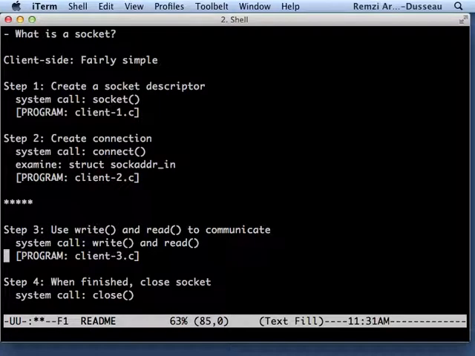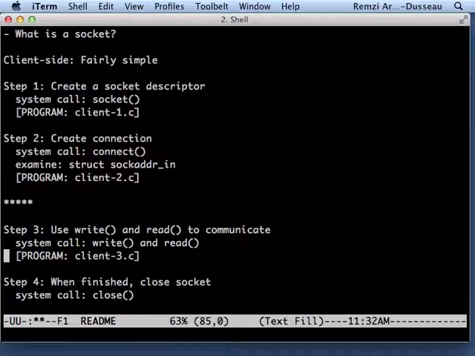Those are the same exact system calls. And one of the very interesting things about Unix systems is that any I/O you're doing in general looks very uniform. When you see just the write system call, you can't tell, am I writing to a socket or am I writing to a file? The only way you can tell is by seeing how that descriptor got created.